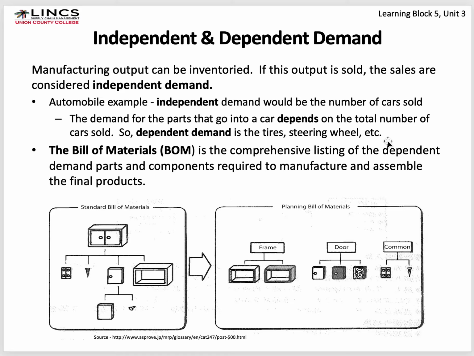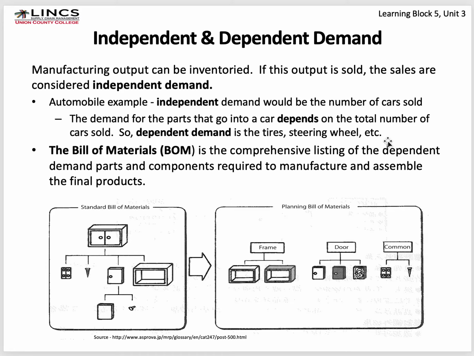So let's talk about this now. We talked about demand a little bit before. We said, how many cars do we have to build? How many pens do we have to make? How many of these do we expect to sell? Well, that's the independent demand. That's the output of the company, what we're going to sell. So in the automotive example, demand is the number of cars sold.